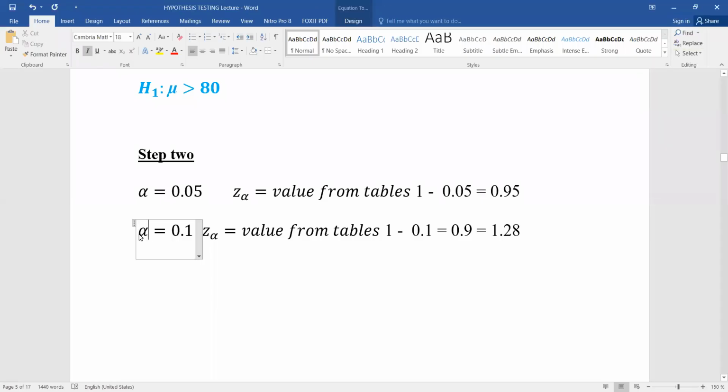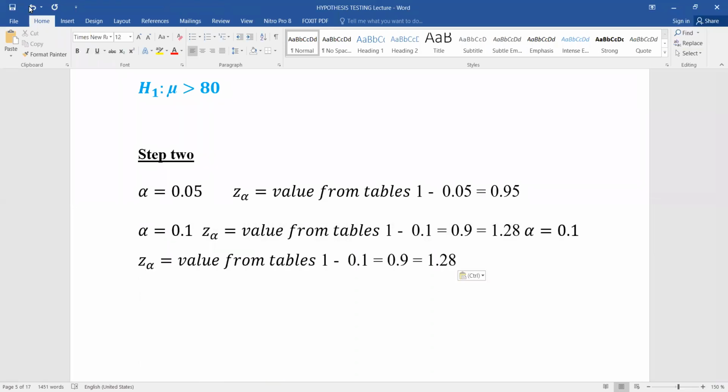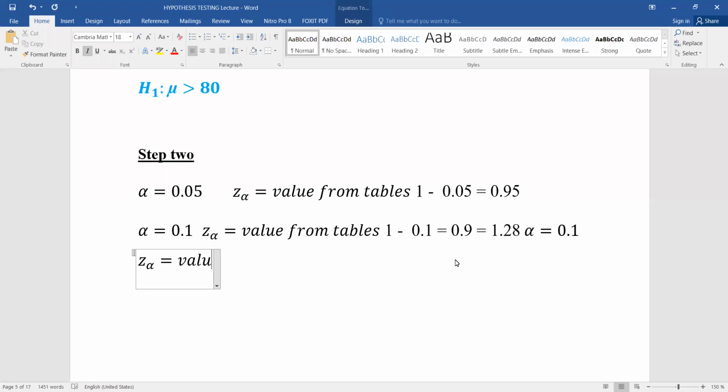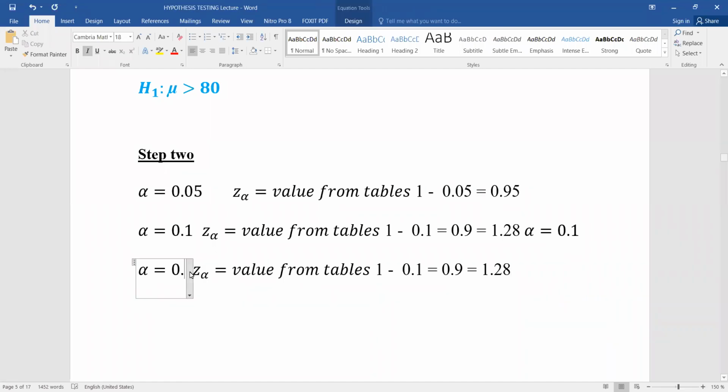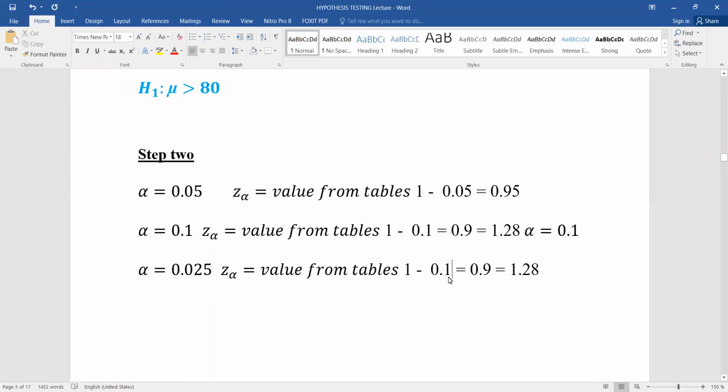Good. Get me the value when alpha is equal to 2.5%, which is the same as 0.025. So what is the corresponding value here?